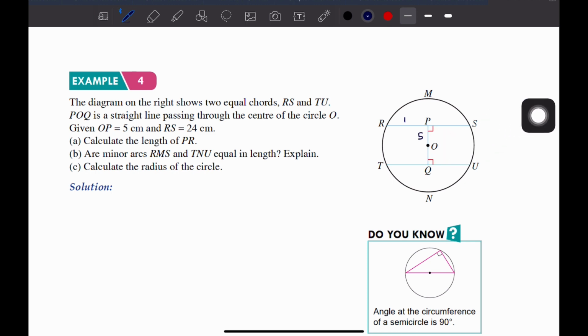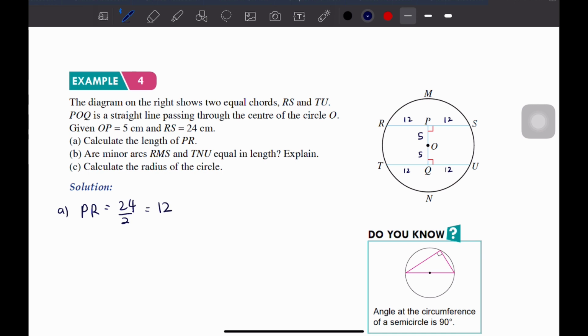So it means 12, 12. Okay, 5, 12, 12. Calculate the length of PR. So PR, we actually have done it. PR is actually 24 divided by 2, which gives us 12.